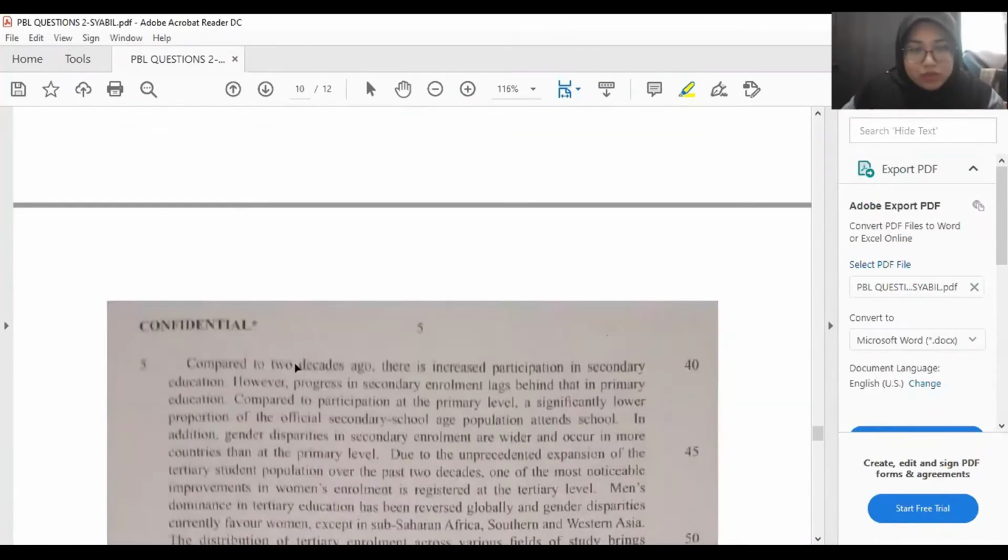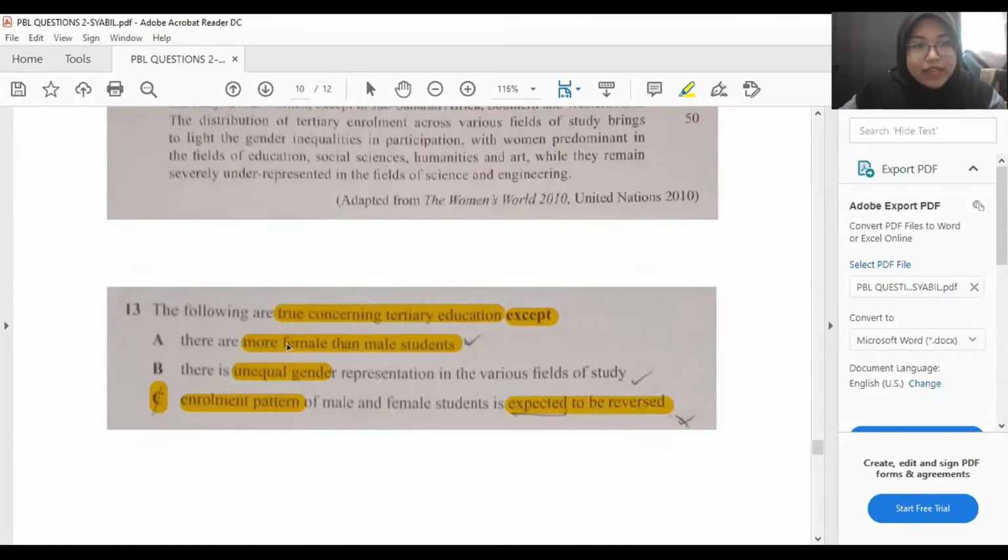So we can see that there are more females than male students, which is mentioned, and there is unequal gender representation, which is also true because it was already mentioned that females are more than males. So the answer is that enrollment pattern of male and female students is expected to be reversed, because it doesn't mention that at all in the passage.